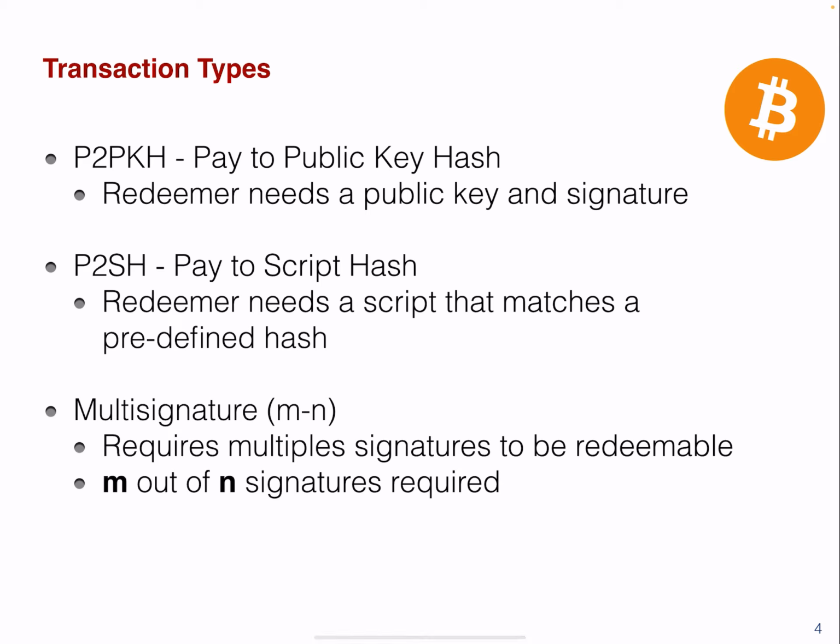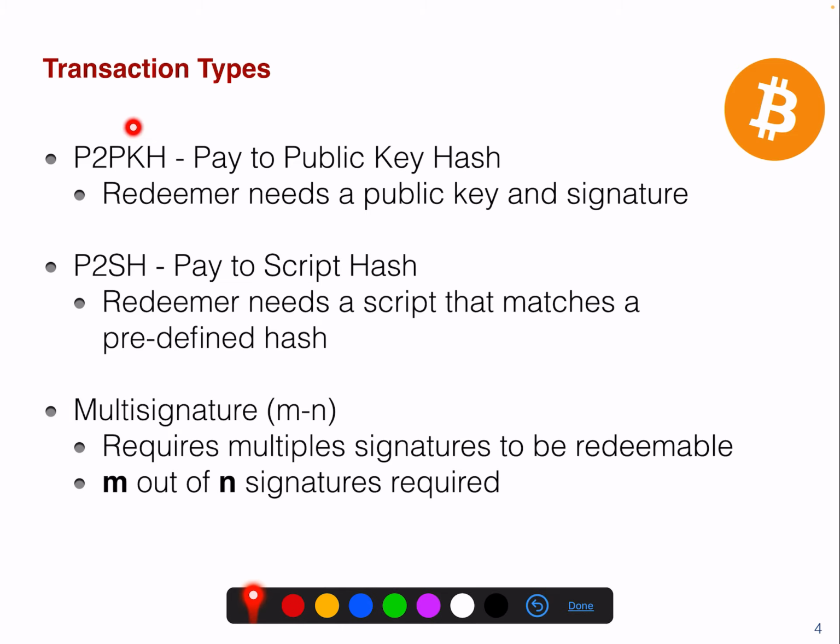So the beauty of this particular script language is that we can perform quite a few transaction types. You can also invent new transaction types if you want to, and propose them as a Bitcoin improvement proposal. Just to give you a few examples here, we won't go very much into the details, but you have, for example, pay to public key hash.